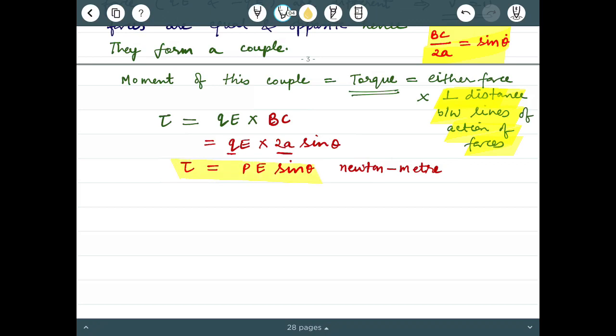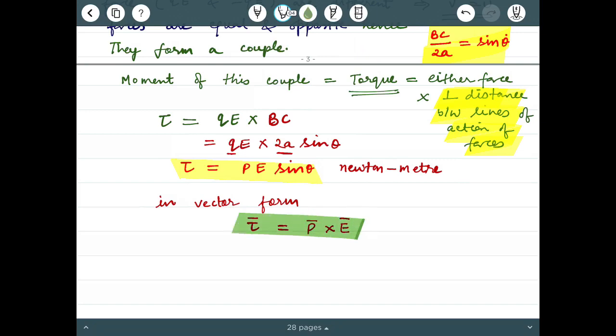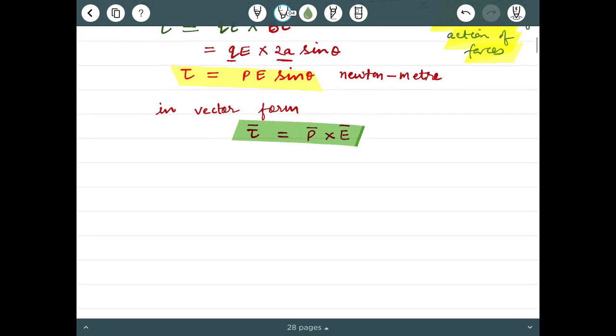Now in vector form, this torque is written as P cross E. So this is an important formula: torque equals P cross E.